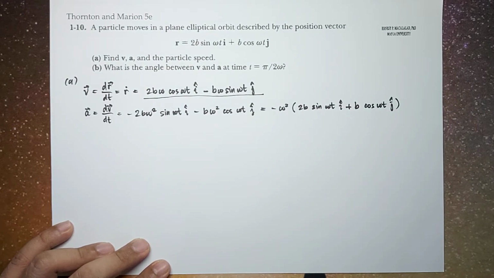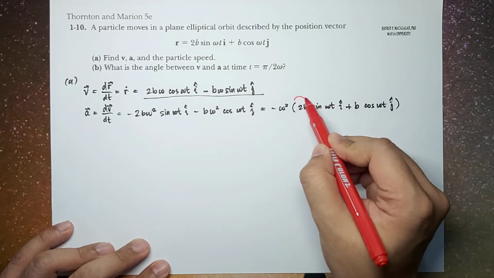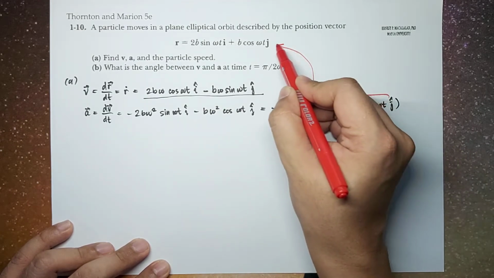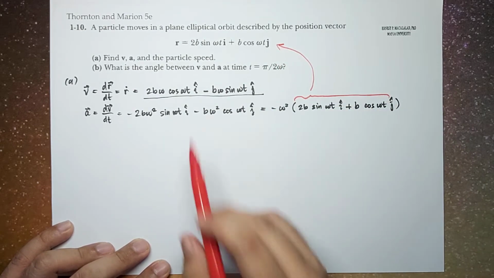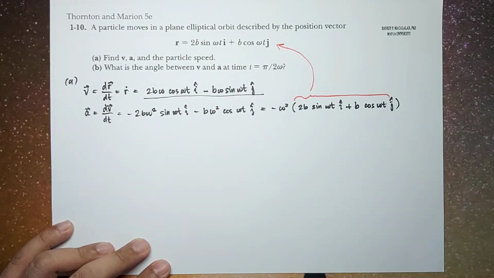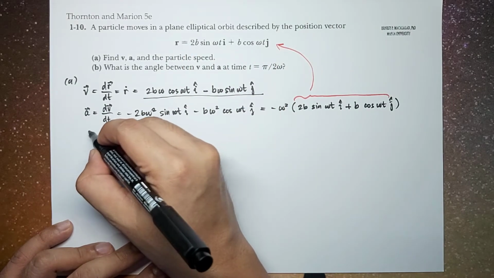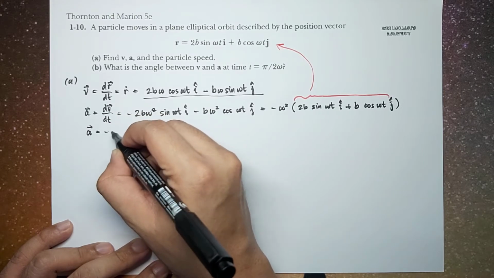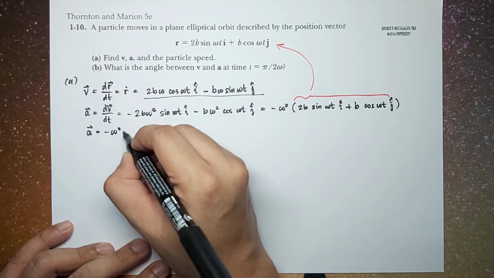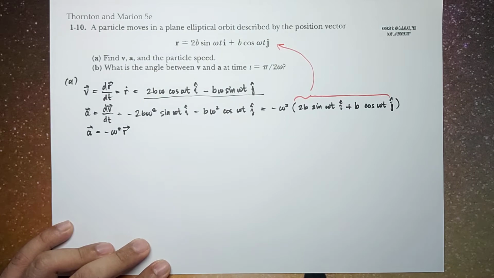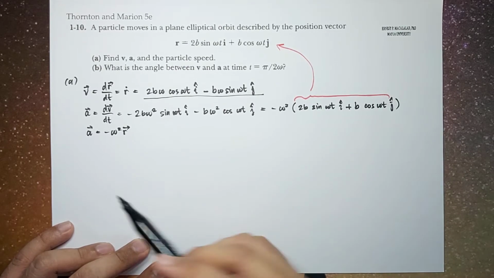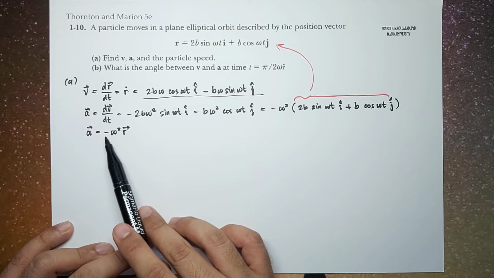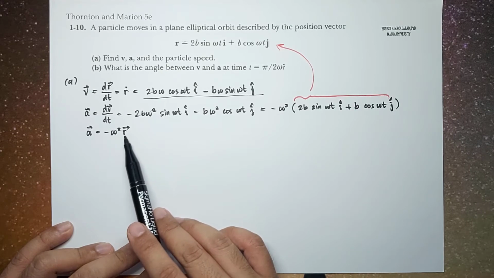And what is this? You will notice that this is the same as the position equation. So that means the acceleration is just equal to negative omega squared r. And what does it mean? It means that if a particle moves in an elliptical orbit, the acceleration of that particle will always be directed towards the center.